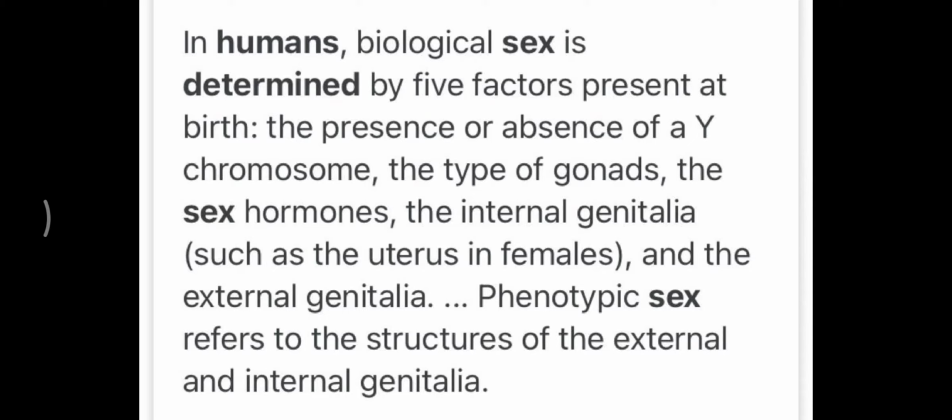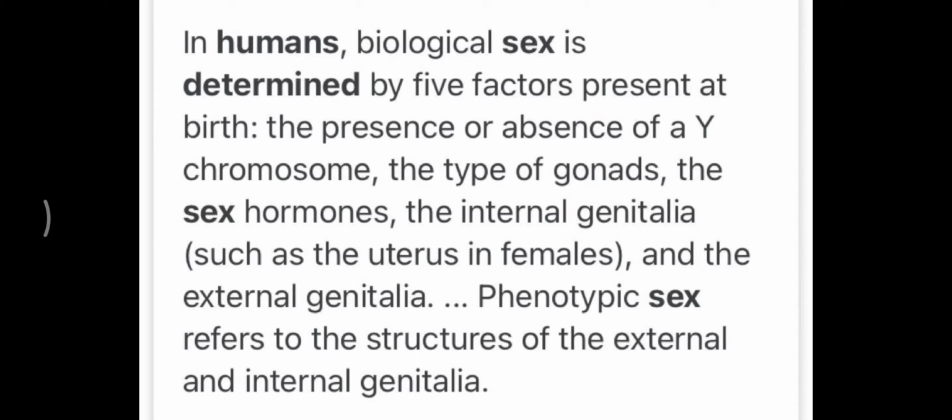So, out of 23 pairs, 22 pairs are autosomes which help in designing your body, and male and female have the same body design: the face is made up of the same features, the number of bones is 206, two arms, two legs, one stomach.